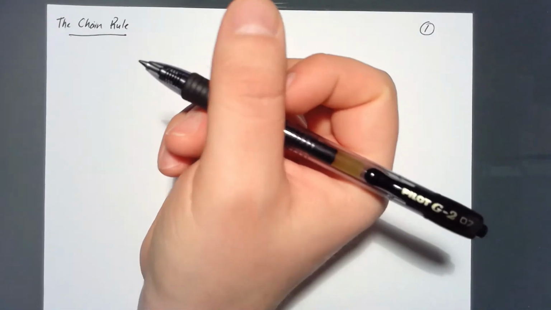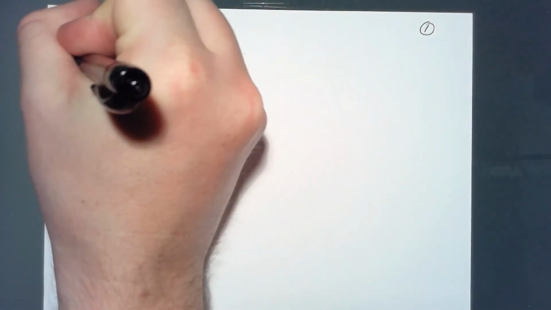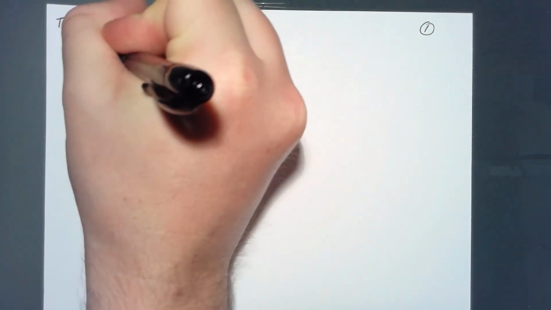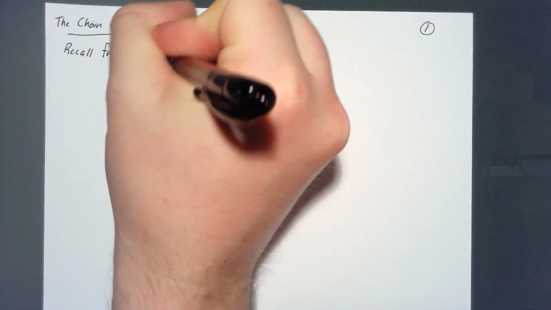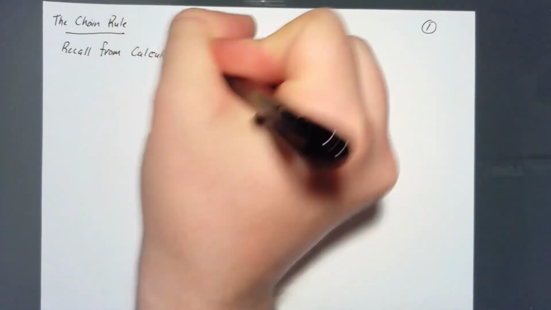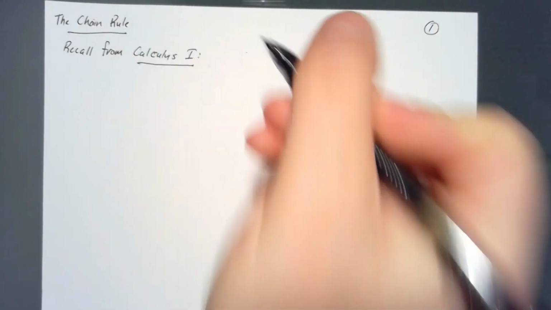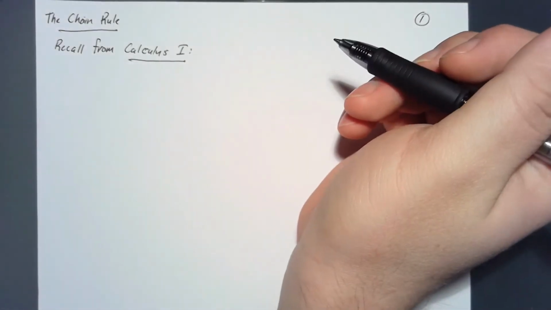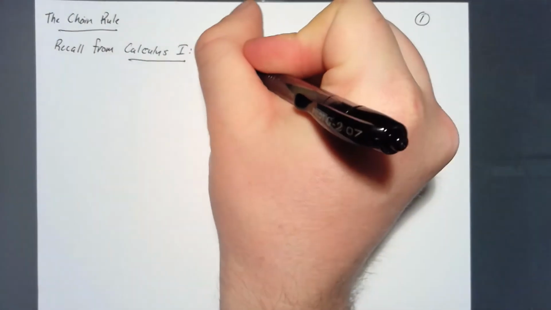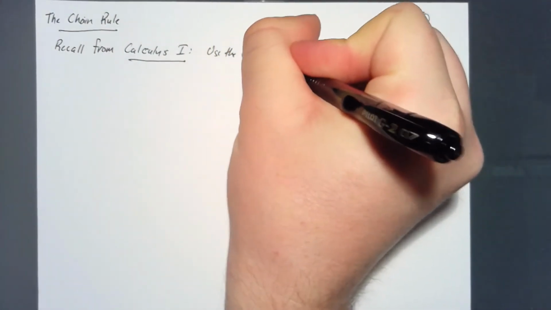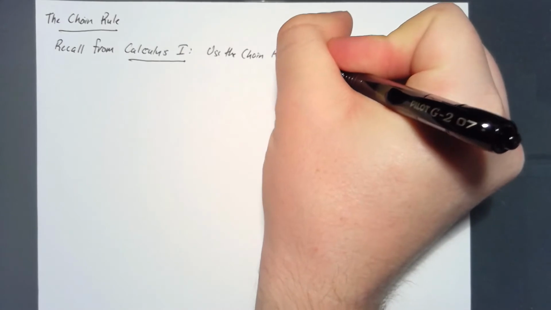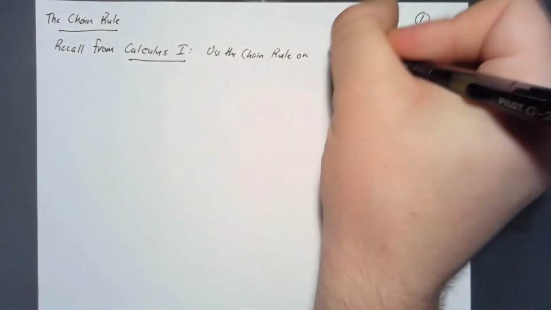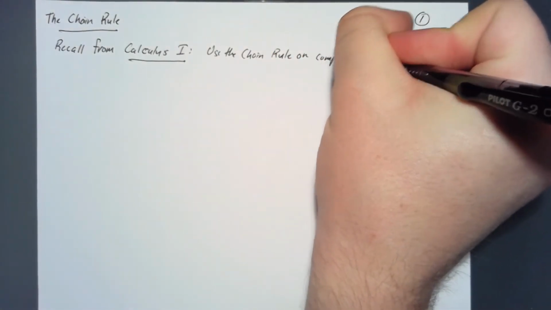If you recall from Calculus 1, we use the chain rule on composite functions.